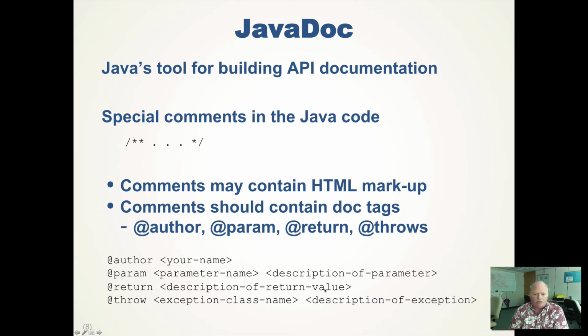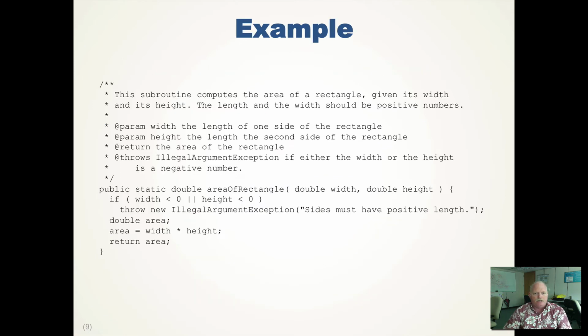For @return, you describe what the return value is. For @throws, you give the type of the exception that's thrown and a description of what the exception might be. For example, you might say throws an IllegalArgumentException if x is less than or equal to 0 for some cases. So let's look at an example.